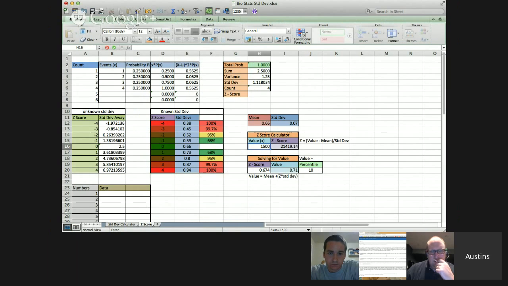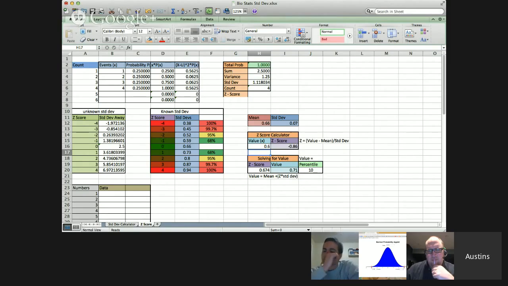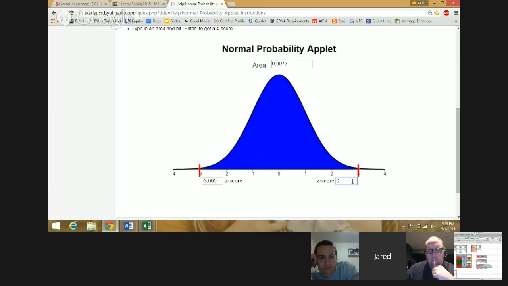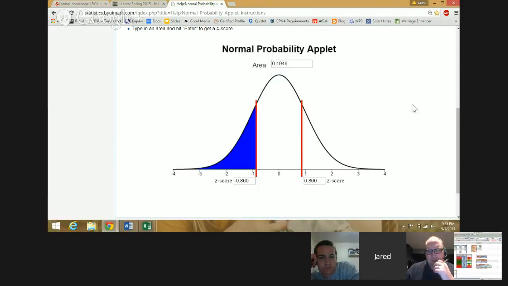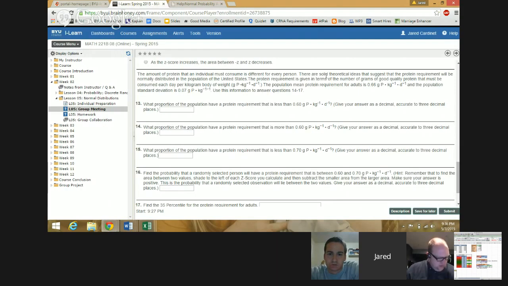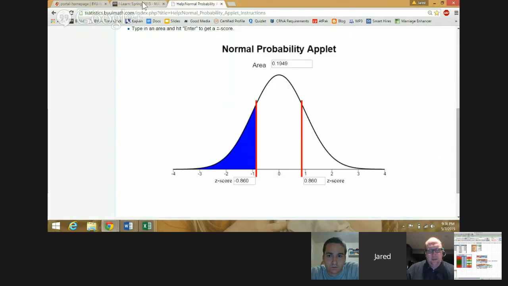The z-score is negative, so I can type it in as negative 0.56. 0.6, less than. That is 0.193 with three decimals. Okay, 0.193.